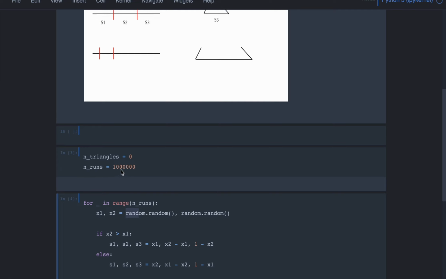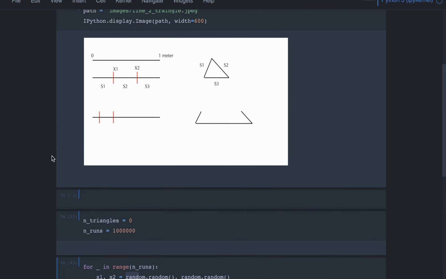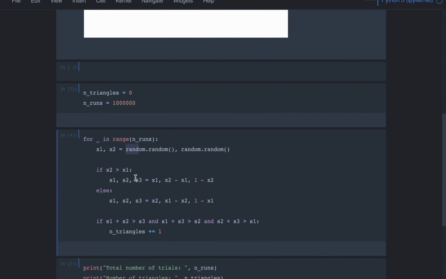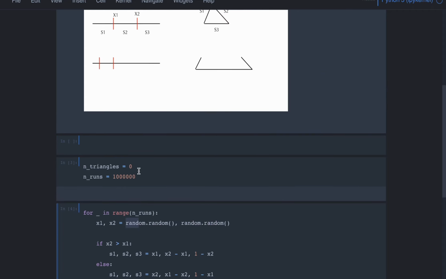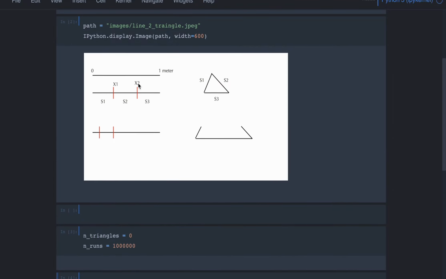Then, first we want to measure the length of these three segments, S1, S2, S3. Let's say the point x2 happened to be larger than x1. What this means is 0 to x1 is going to be our first segment, x1 to x2 is going to be our second segment, and x2 to 1 is going to be our third segment.